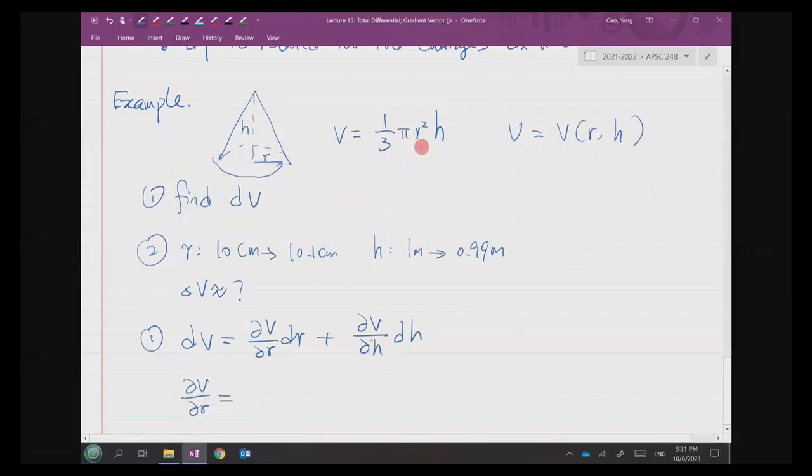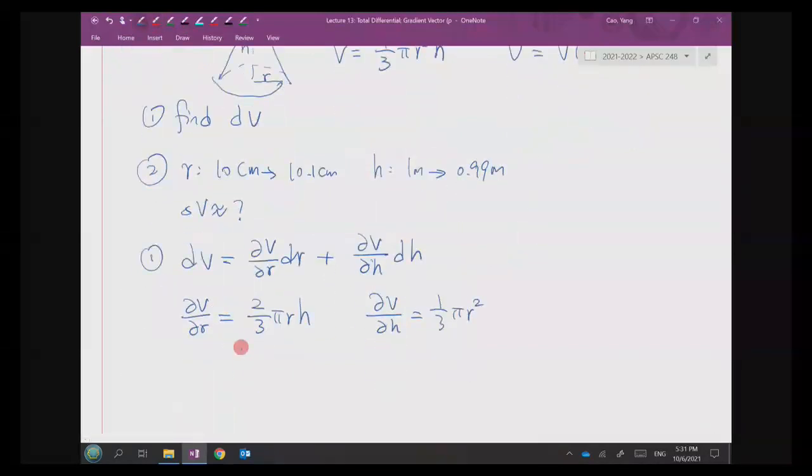That should be pretty straightforward. You take the partial derivative with respect to r, you take h as a constant, so that's 2/3 pi r h. And then partial V over partial h is 1/3 pi r squared. So altogether, you get dV equal to 2/3 pi r h dr plus 1/3 pi r squared dh.